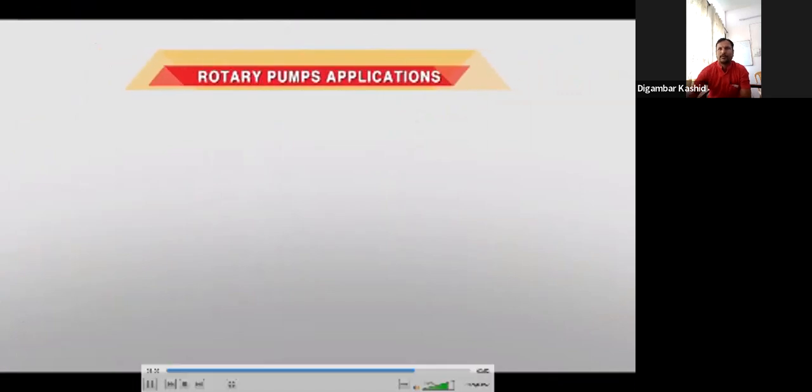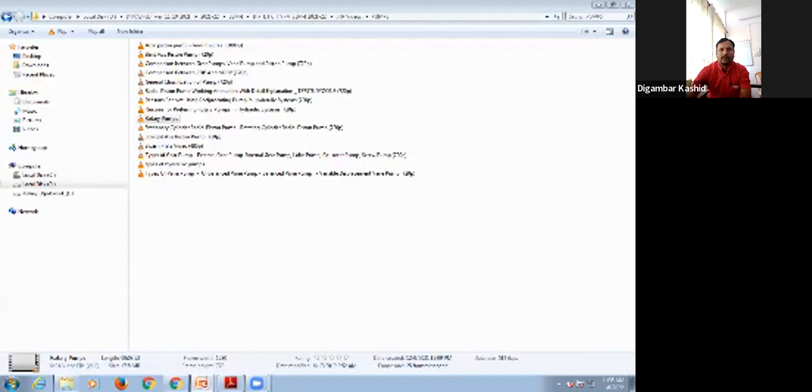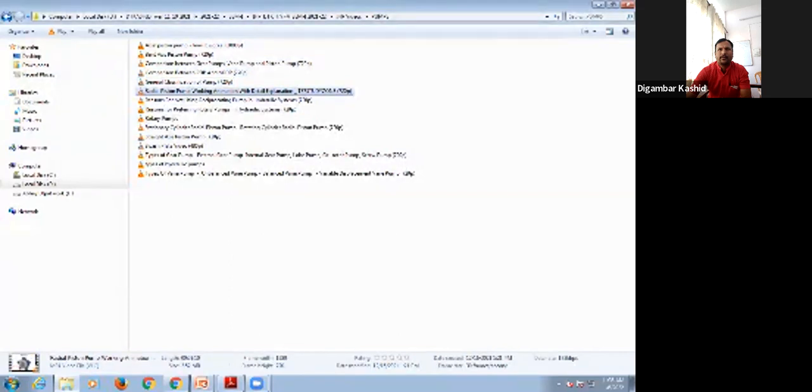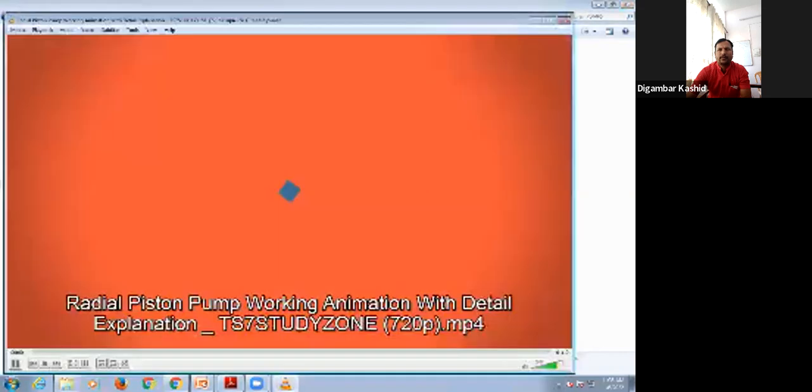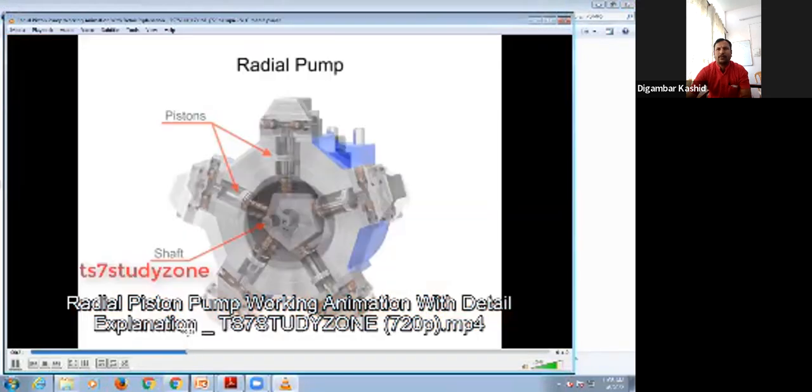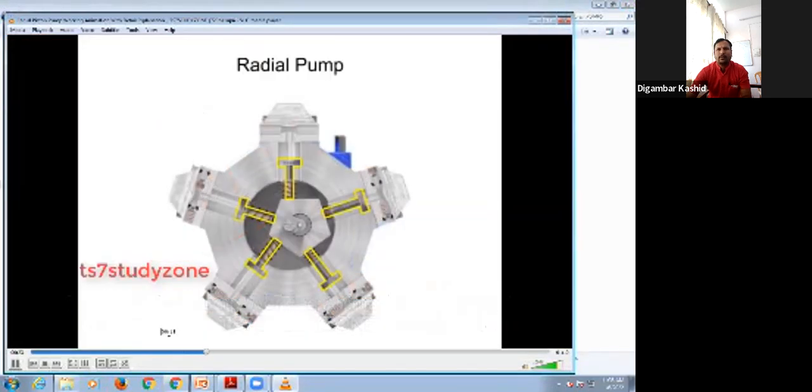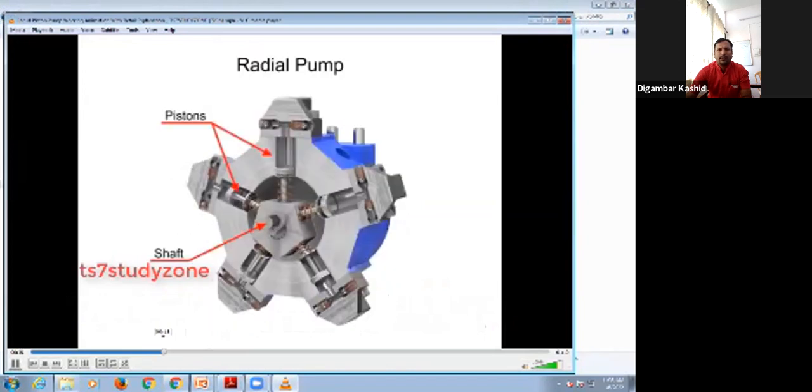Applications of rotary pumps are gear pumps. The pistons are arranged like wheel spokes around a cylinder.